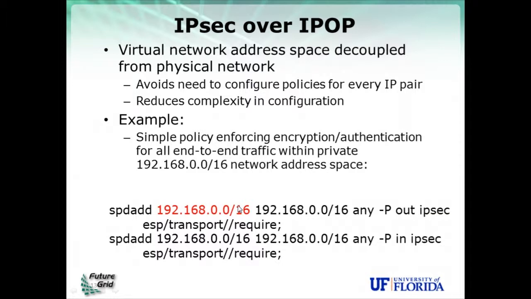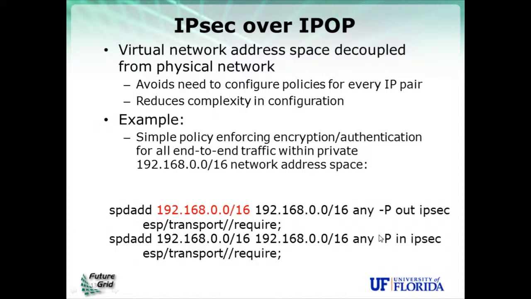You can set up configuration for an entire net mask that forces any traffic within this network address space to go out using IPsec, and here using transport mode of IPsec with security encryption and encapsulation, as well as any packet that comes into the network has to be authenticated and decrypted using IPsec.